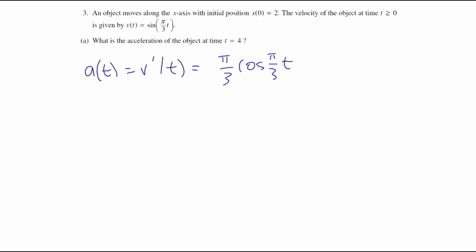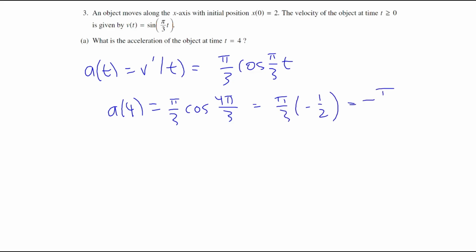So we have pi over 3 cosine pi over 3t, and so a of 4 is just pi over 3 times the cosine of 4 pi over 3, and the cosine of 4 pi over 3 is negative 1/2, so we have pi over 3 times negative 1/2, which is negative pi over 6. So you could do that to get your 1 point for that part just by hand.